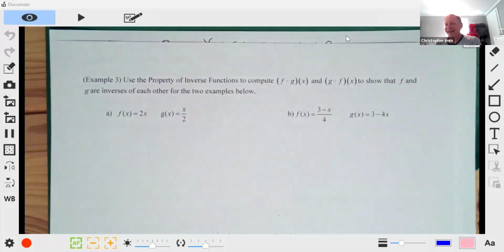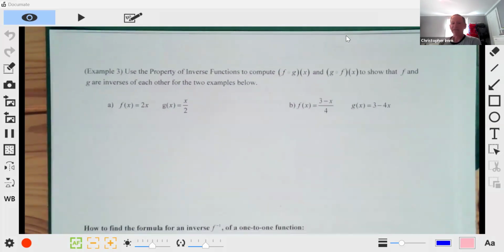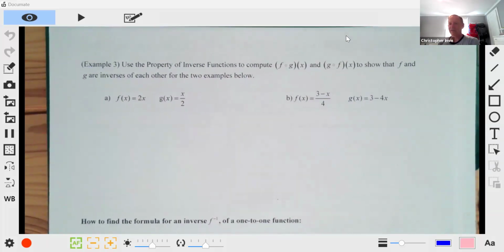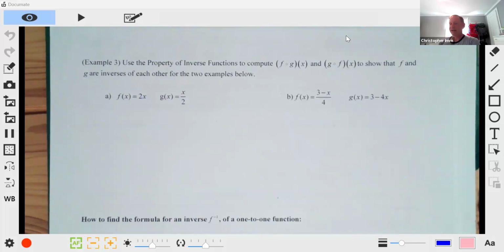Okay, I'm back. What we're going to do first before I show you how to find the inverse is we're actually going to be looking at how we would see if we had inverses, how we would show that they are inverses of each other. So we're going to make use of the rule where when we compose functions, we get x's back.